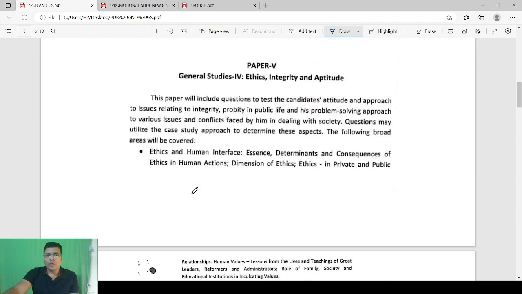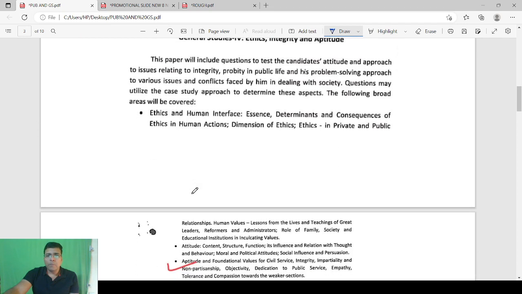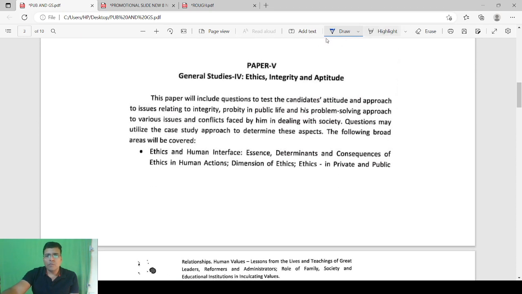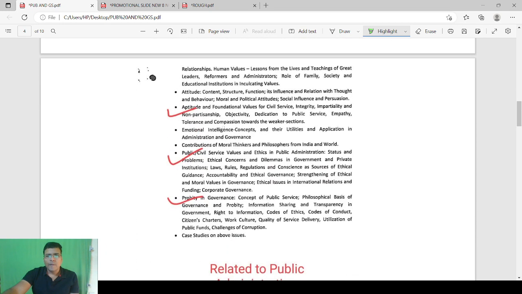And if we look into general studies paper 4, ethics, integrity and aptitude, this is aptitude and foundation values of civil service, integrity, impartiality, objectivity, tolerance towards weaker sections.